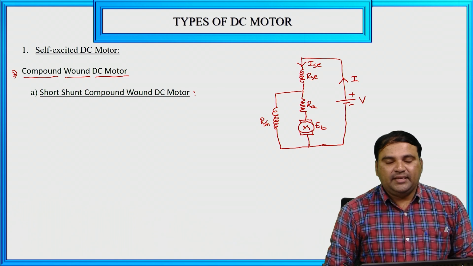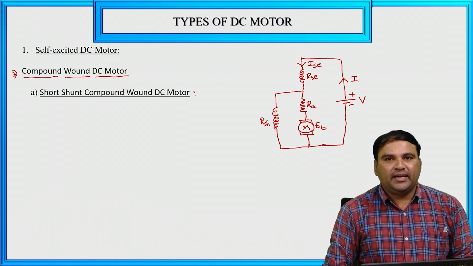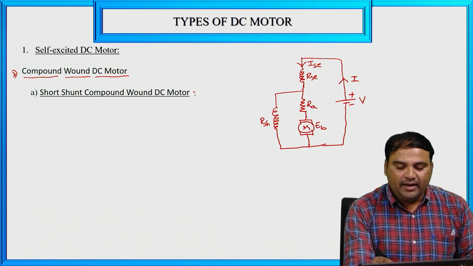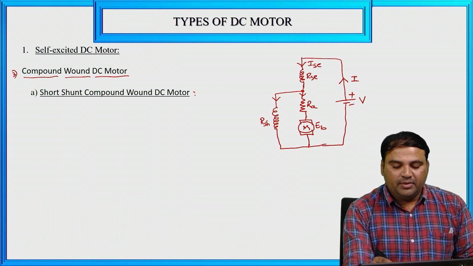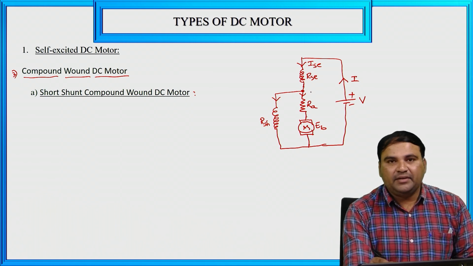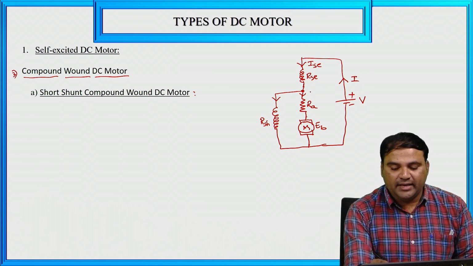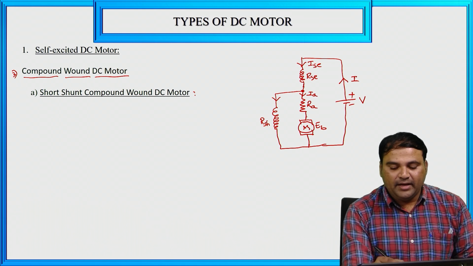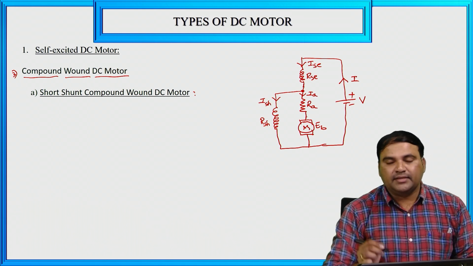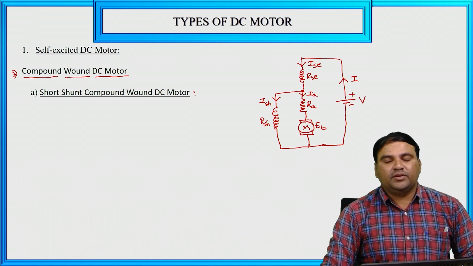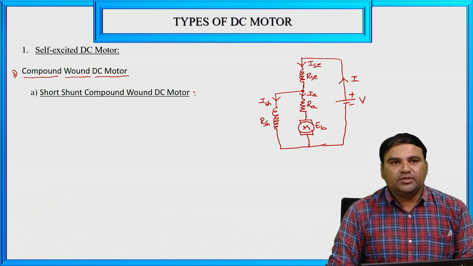Through RSC we have the series field current ISC, and the total current goes towards this point, and from this node point the current is dividing. The current through this RA is IA and the current through this RSH is ISH. So this circuit belongs to the short shunt compound DC motor.